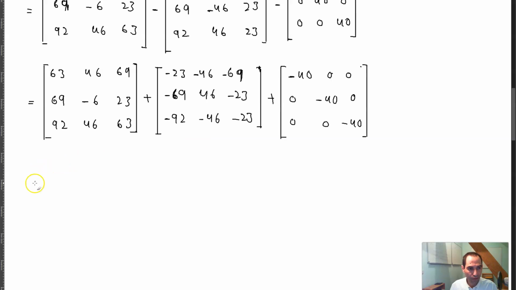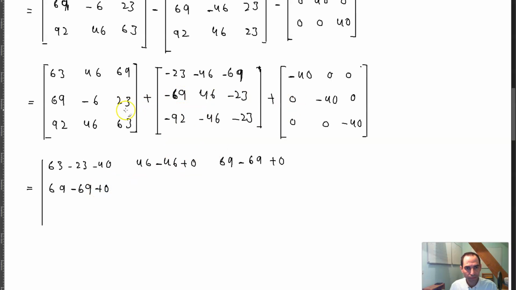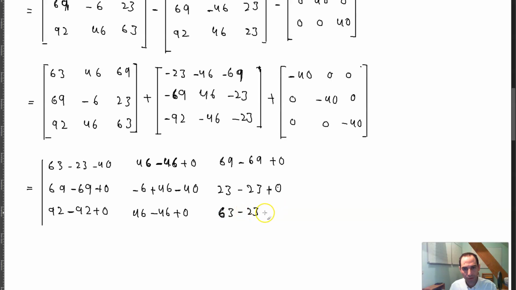So you can write this as 63 minus 23 minus 40, again 46 minus 46 plus 0, 69 minus 69 plus 0, and over here 69 minus 69 plus 0, and then you have negative 6 plus 46 minus 40, and then 23 minus 23 plus 0, 92 minus 92 plus 0, 46 minus 46 plus 0, and then 63 minus 23 minus 40.